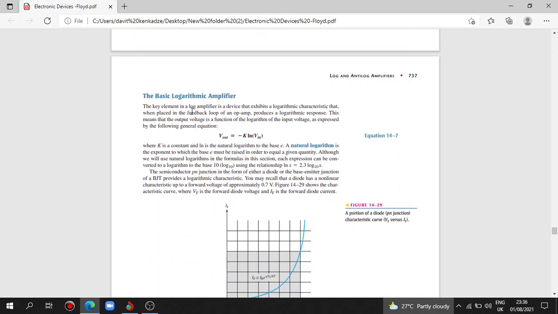The key element in a log amplifier is a device that exhibits logarithmic characteristics that, when placed in a feedback loop of an op-amp, produces a logarithmic response.